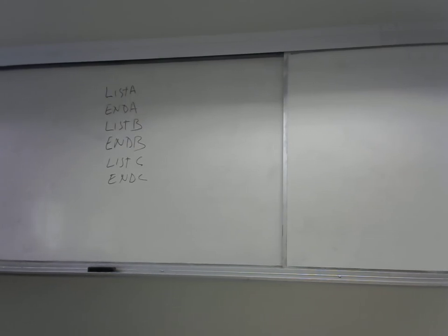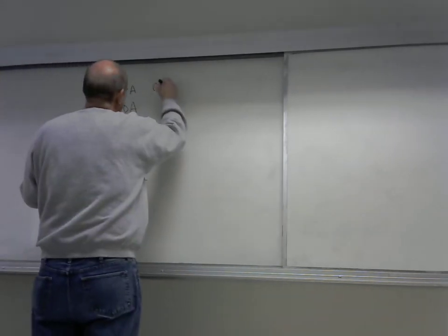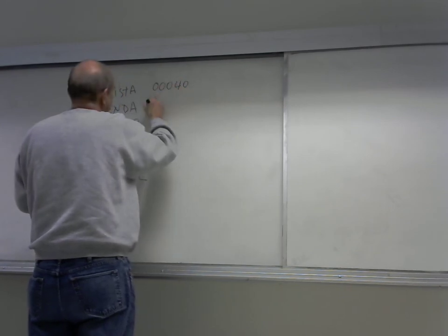Okay? So, what you want to do is make yourself a symbol table. This is easy. We tried to calculate these on the fly on demand. They're not hard, but you might get them wrong, and it's easier if you don't do that. So I'm just going to look here, and I'm going to fill in the addresses. List A is at 40. End A is at 54.